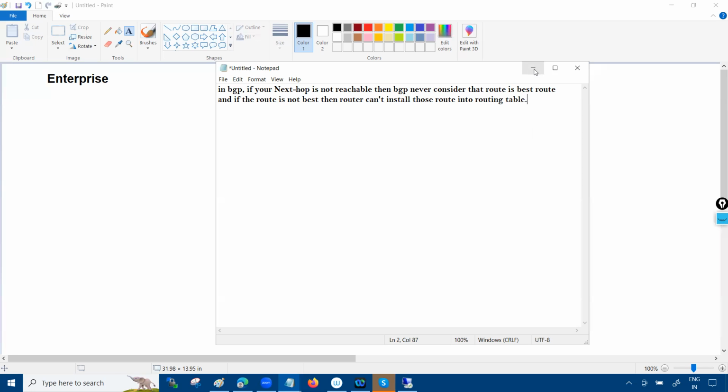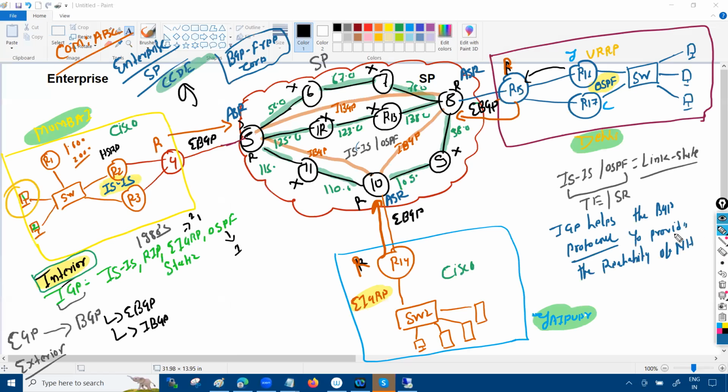So what is the IGP protocol doing over there? It just makes this subnet reachable, so that IBGP can exchange the route and the next hop is reachable.